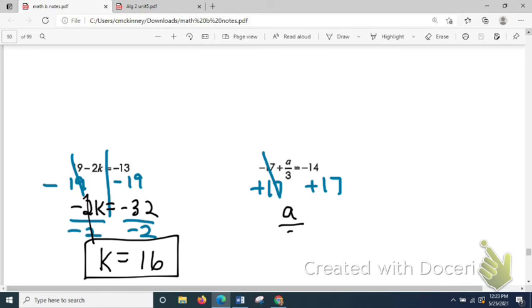So I have a over 3 is equal to negative 14 plus 17 is 3. And then now I'm going to get rid of that 3 by multiplying both sides by 3 to get rid of the fraction. 3 times 3 is 9.